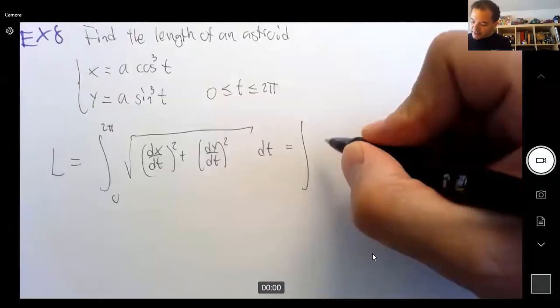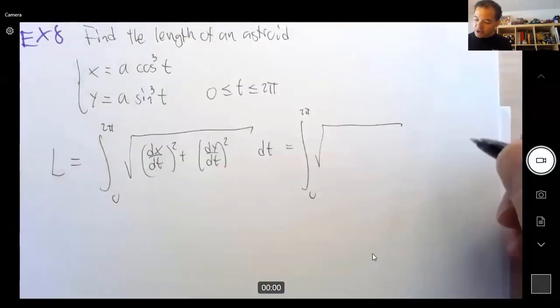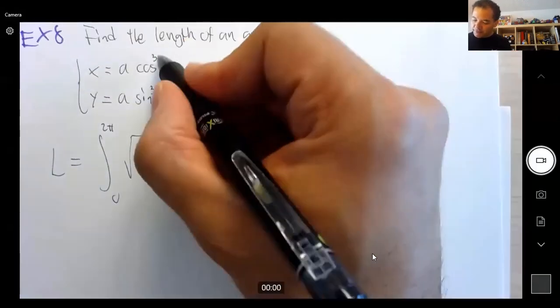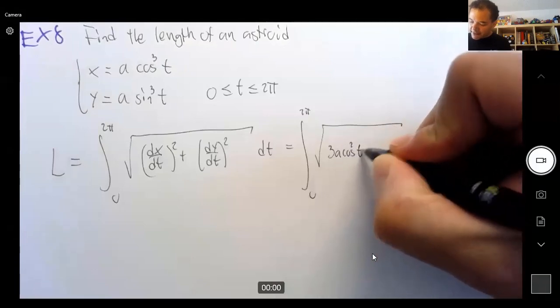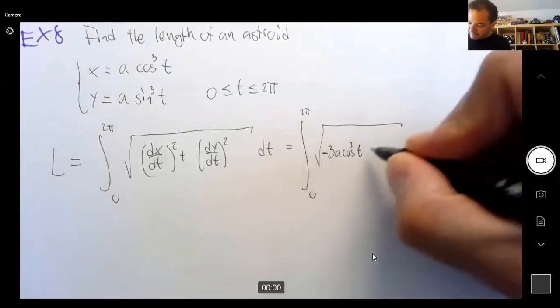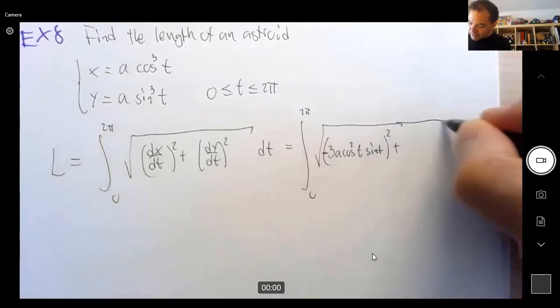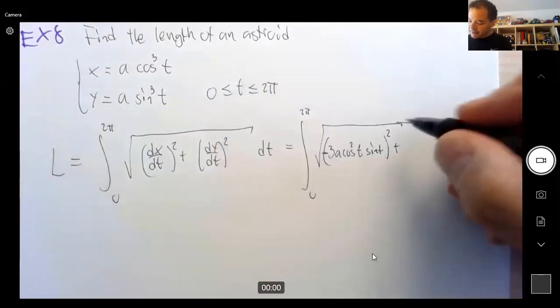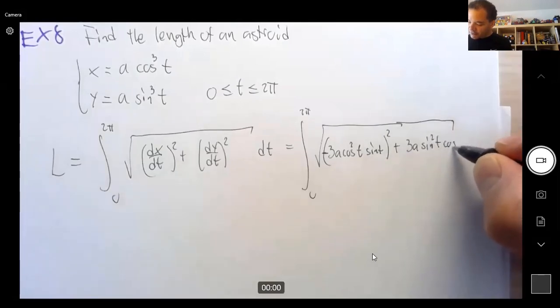So what is the derivative of a cosine cube of t? The 3 comes down, so it's 3a cosine squared times the derivative of cosine, which is negative sine. Plus, and here the same thing, the 3 comes down, multiplies the a sine squared, and the derivative of sine is cosine, and we square everything.